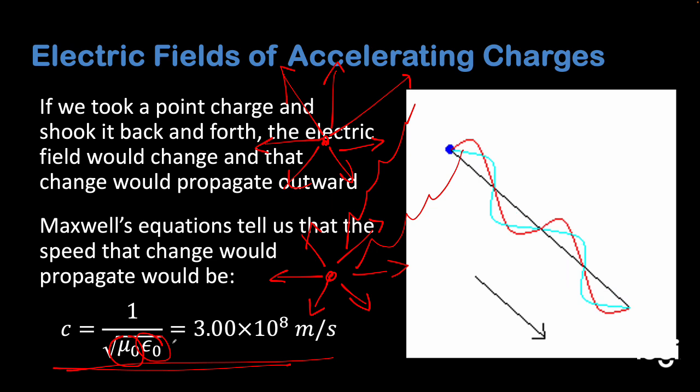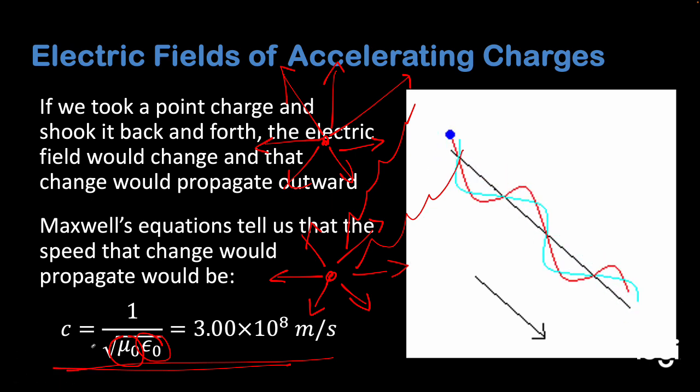Permeability and permittivity of free space. So yeah, they're weird. They have very similar names, right? But they combine together and they tell us something about the speed that these things would propagate outward.